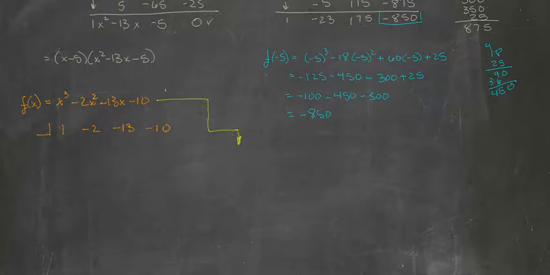Any factor, not every factor, but any solution of this polynomial, can be written in the form of plus or minus the ratio of the factors of a sub 0, the final coefficient, and the leading coefficient. So it's plus or minus some combination of the factors of the constant and the leading coefficient.